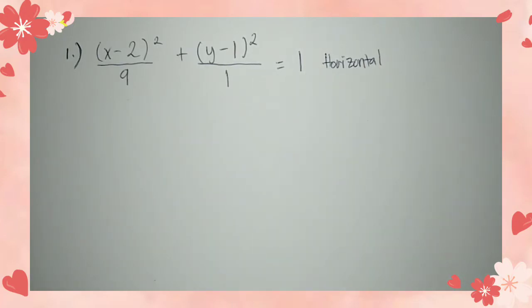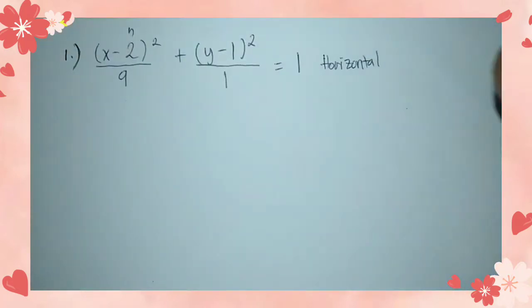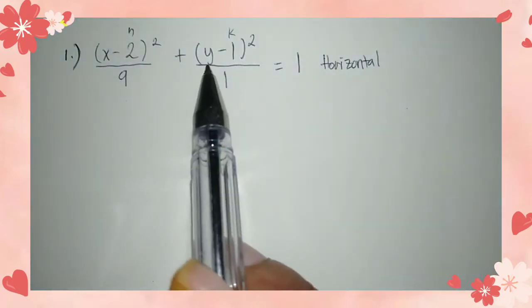Okay? Then the next step is to find a, b, and c, enable for us to graph our ellipse in a Cartesian plane. Okay? The next step is to find the center. Since ang ating center is h and k, and of course, h is represented by our x, we have h, and k is represented by y.